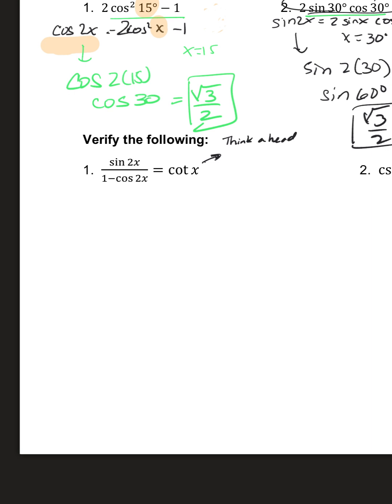So if I write cotangent as cosine x over sine x, I need something like that. So I got to think of what I have. I need sine x's on the bottom, I need a cosine x on top, something like that. Maybe something cancels out. I'm not going to say that every time you pick something right away, it's going to work. You just have to start it. You got to start somewhere, okay?